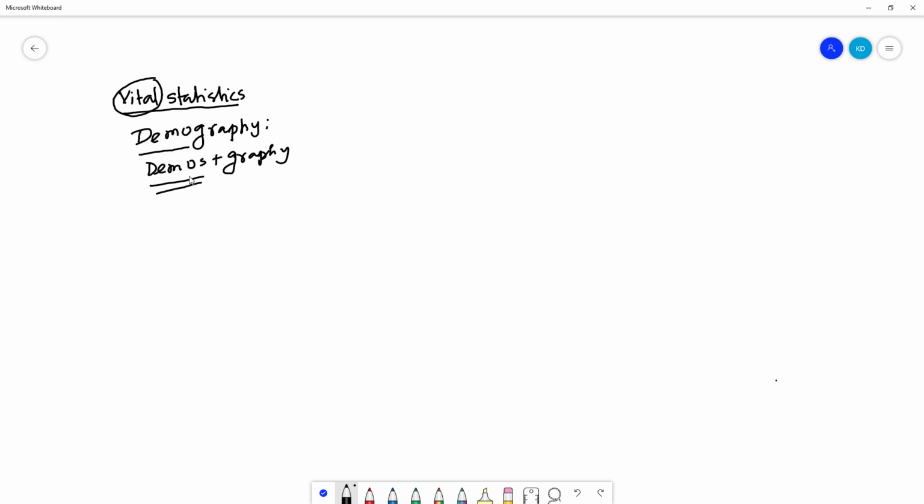Demos means life, and graphy means descriptions. The study where descriptions of human life is discussed in detail can be considered as demography.